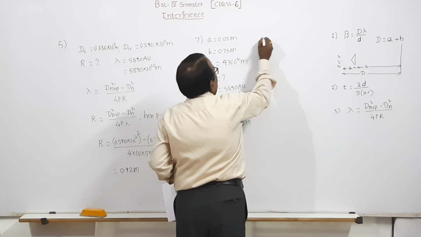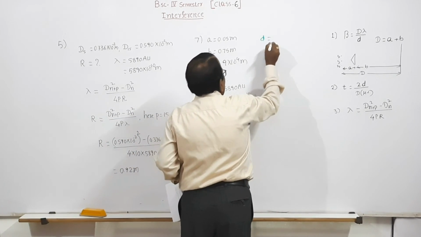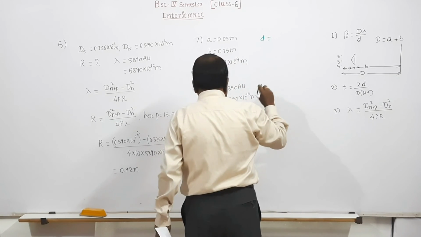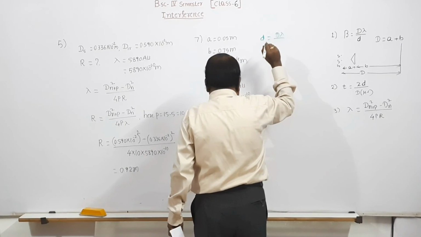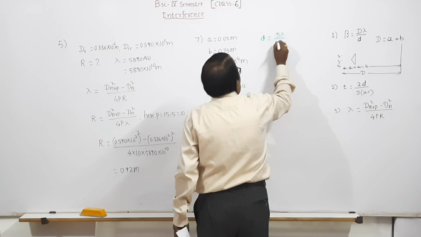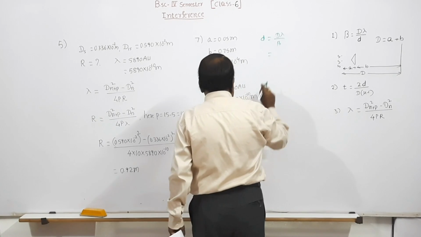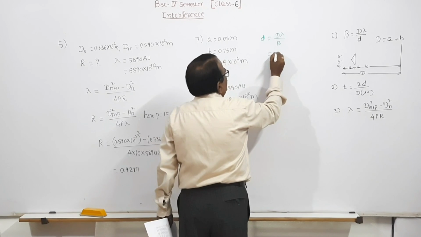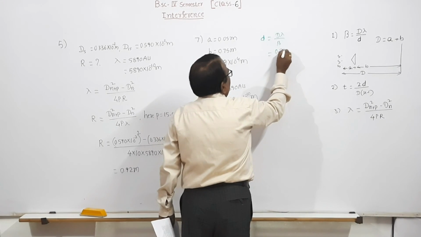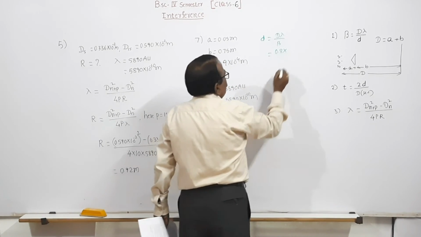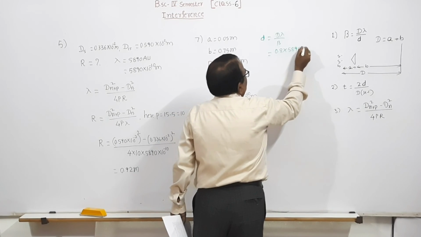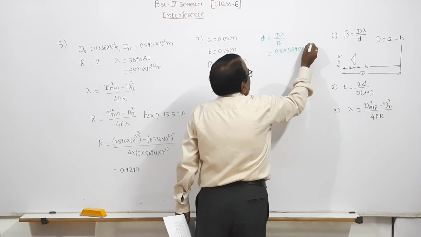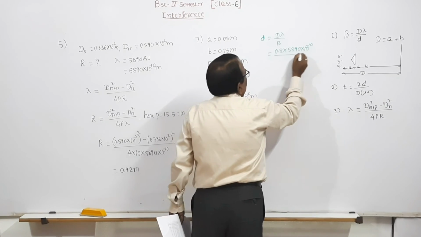From this your d is D lambda upon beta. So capital D is 0.8, lambda is 5890 into 10 raised to minus 10.